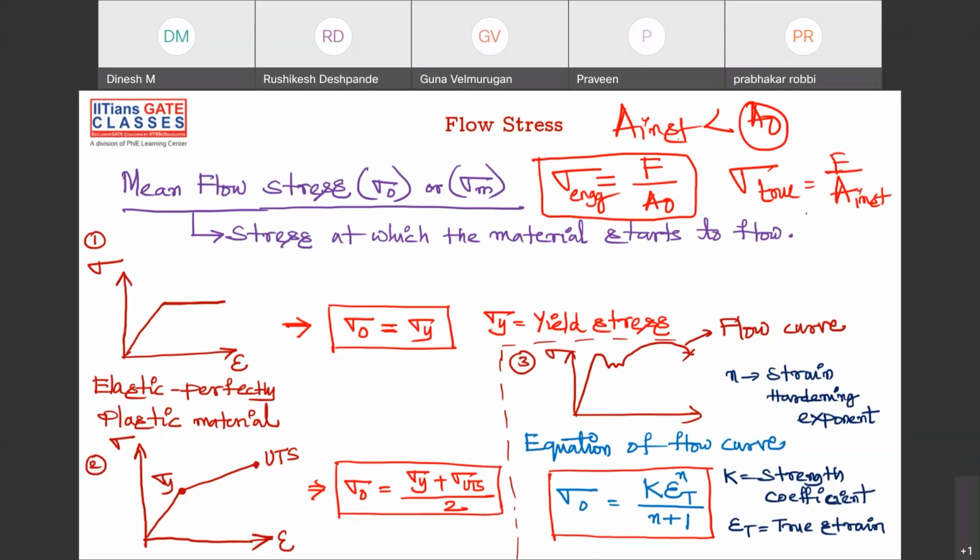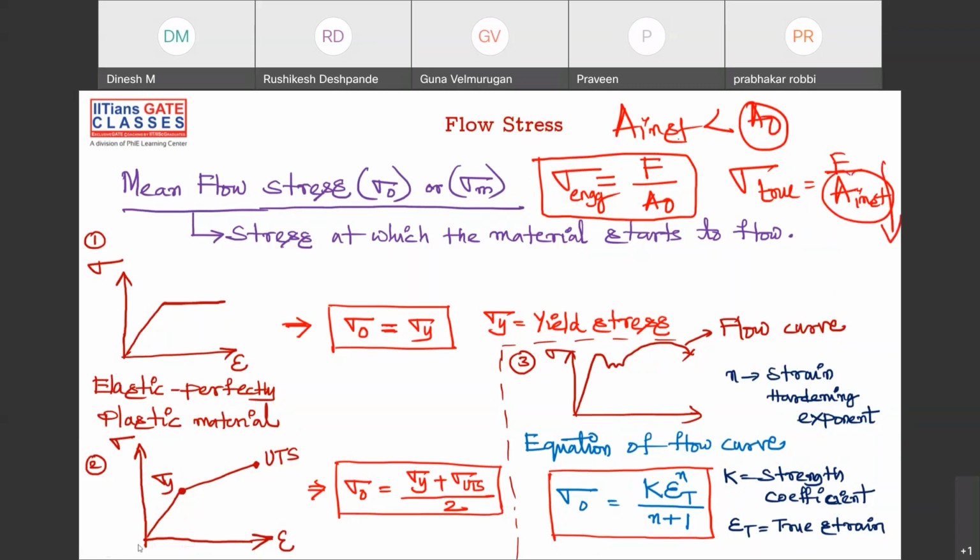As the force is acting, the dimension of the cross-sectional area will keep on decreasing. If you apply a tensile load, your area of cross section will reduce, so the instantaneous area will keep on reducing, right?